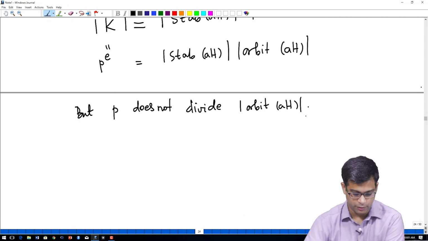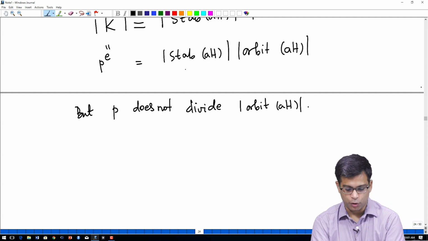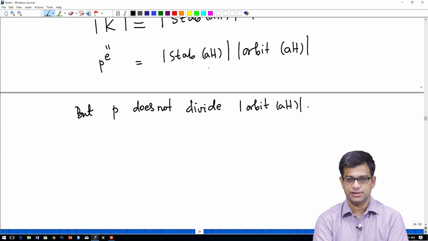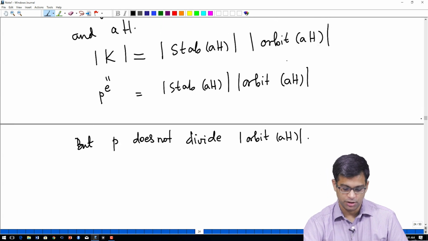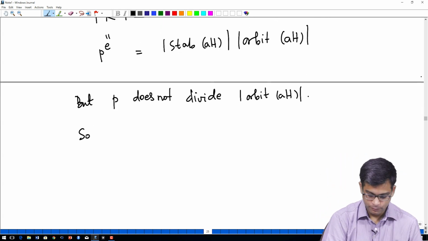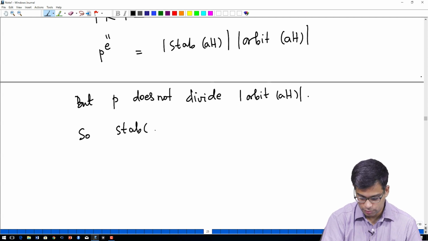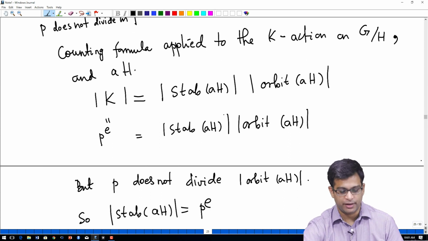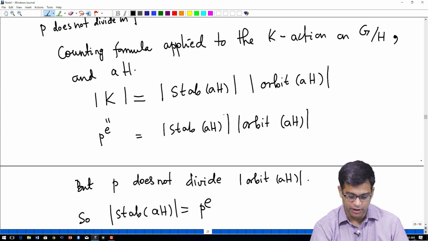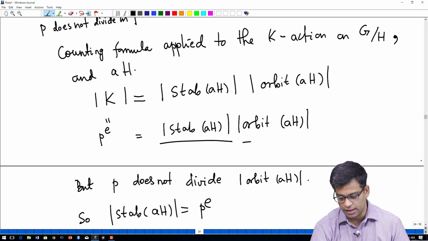So, now let us look at this equation. p^e is equal to the product of the order of the stabilizer of aH and the order of the orbit of aH, but p does not divide the order of the orbit of aH. So, the stabilizer of aH must have order p^e. Again, by the uniqueness of factorization of integers, p^e is equal to some number times another number.